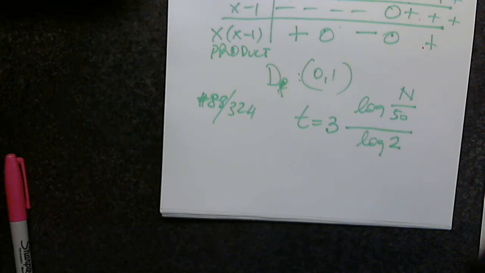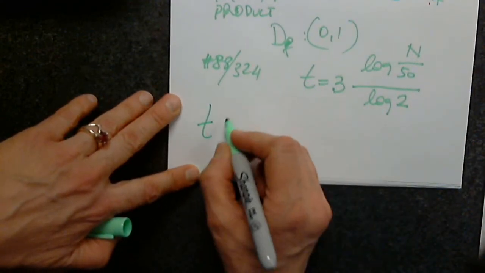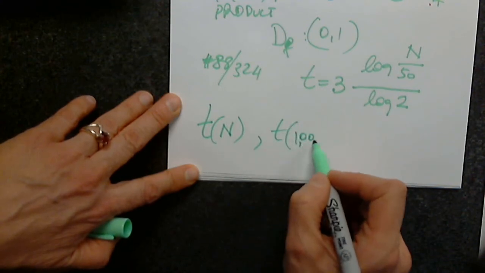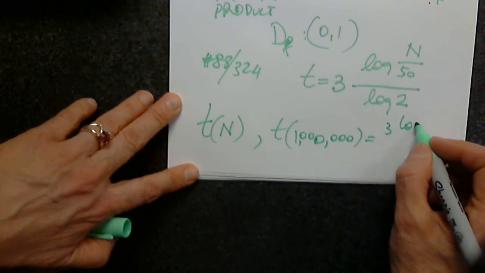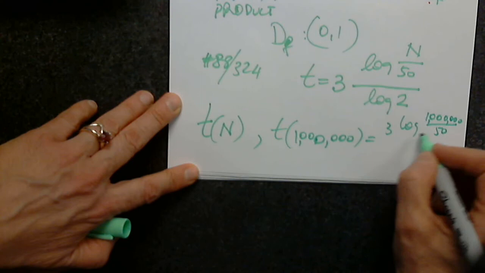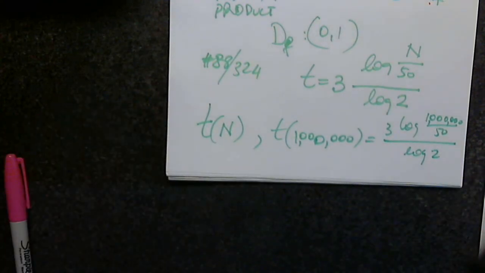So n is the number, t is the time. Find the time required for the colony to grow to 1,000,000 bacteria. So all I have to find is t. This should be t of n, right? So I should find t of 1,000,000, which is 3 log of 1,000,000 over 50, divided by log 2. Be very careful how you plug it in. So let's do this together.